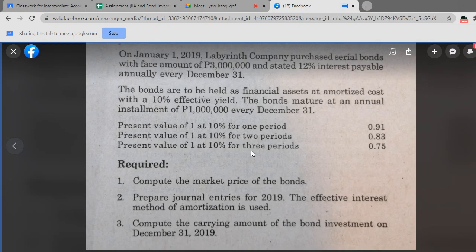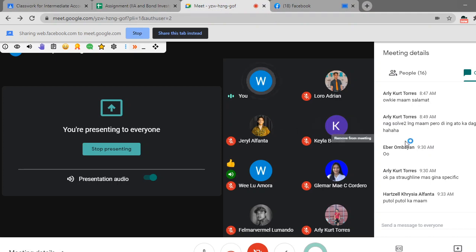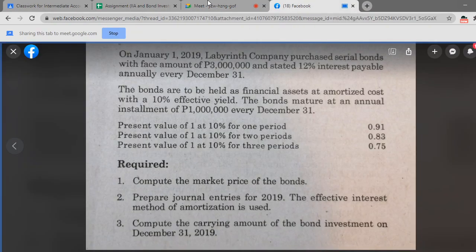I think we discussed this earlier in a problem. It was the problem of Jest Company. We computed the market price for Jest Company, and the same concept let us apply here to Labyrinth.